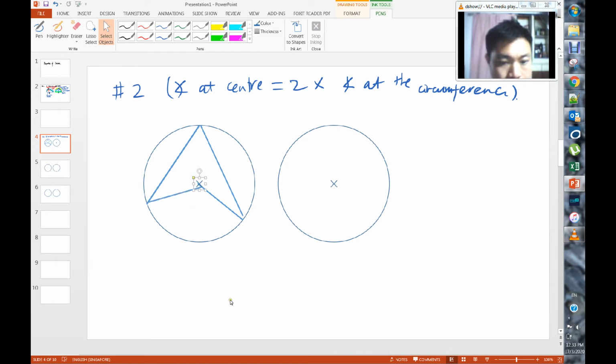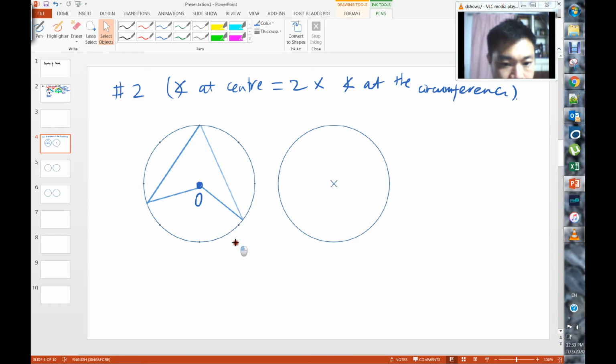To make life easy, let me just denote this as the origin. This is the origin of the circle, and it's denoted by my letter O here.